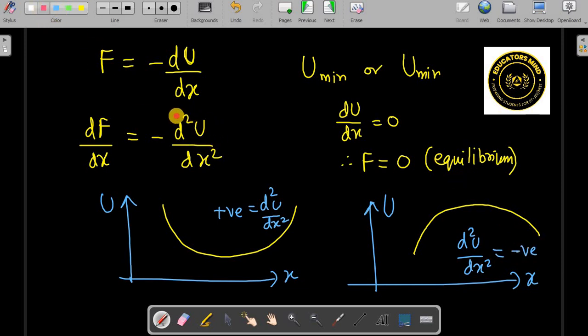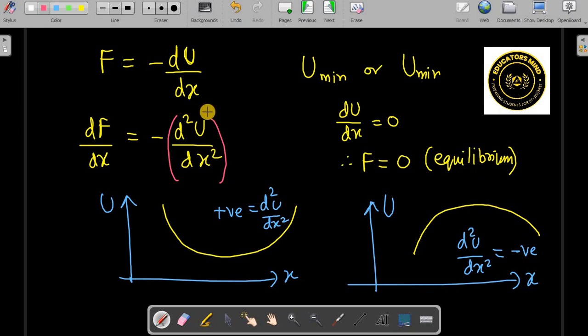So when d²U by dx² is positive, dF by dx is going to be negative. So if you draw the force versus x graph, the slope will be negative. Similarly in this case d²U by dx² is negative, so negative becomes positive, and force will have a positive slope.